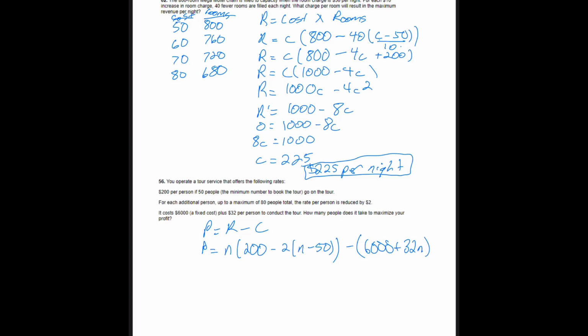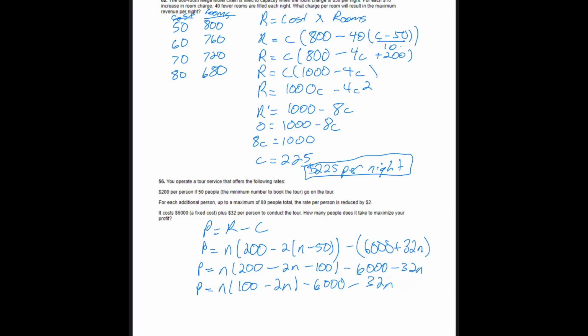Then from that, I'm going to subtract my cost. So my cost is $6,000 plus $32 per person. So that's 6,000 plus 32 times n. Okay, so then we simplify all this, and that will give us our profit function. So this will be 200 minus 2n minus 2 times 50 is 100 minus 6,000 minus 32n.